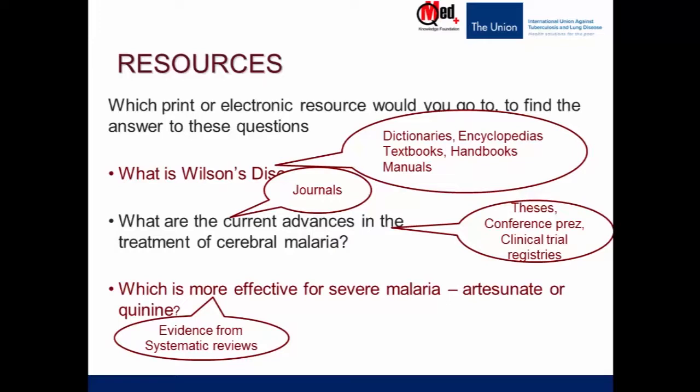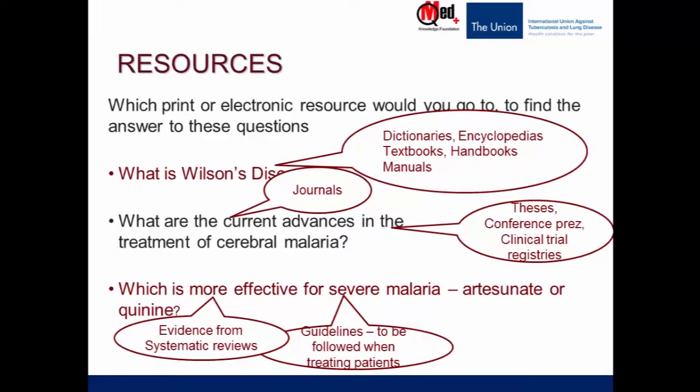Systematic reviews are compiled by people who read up all the available large trials on such a topic and compile the resource. Having done this, we also have sources called guidelines.